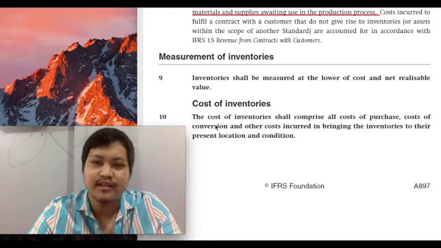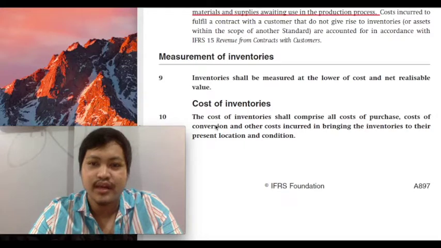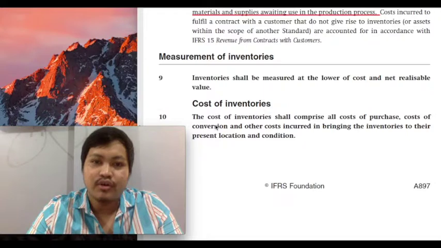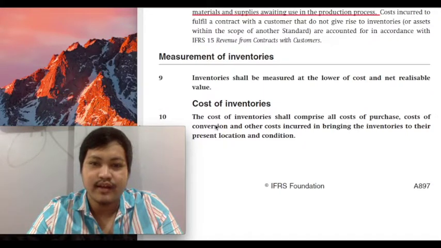And it should make sense, class, because if the standard tells us that the measurement for inventories is to be at the lower of cost and net realizable value, if you do not initially recognize it at cost, then you will not have any cost to compare it with the subsequent net realizable value in the next reporting periods. So you start with cost first, and then for every reporting period thereafter, measure or report your inventories at the lower between the cost and the net realizable value.